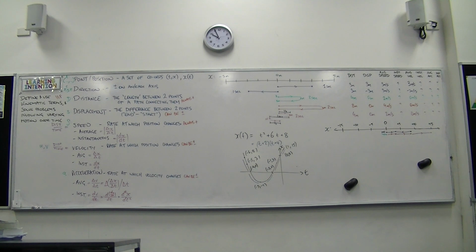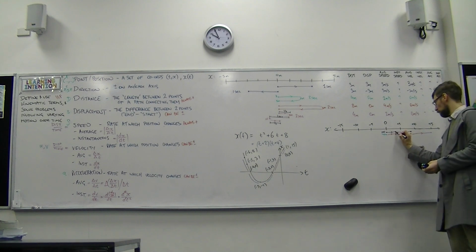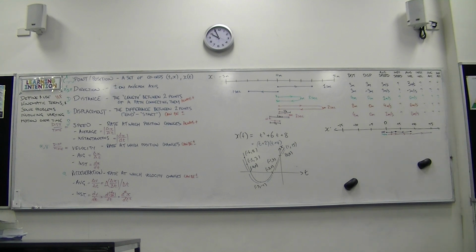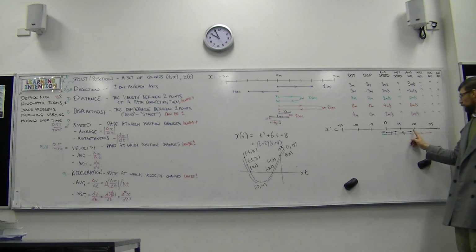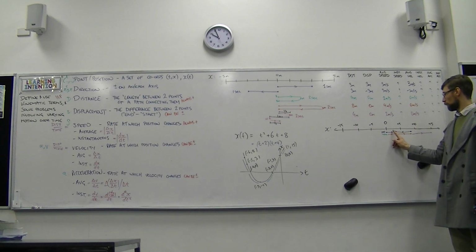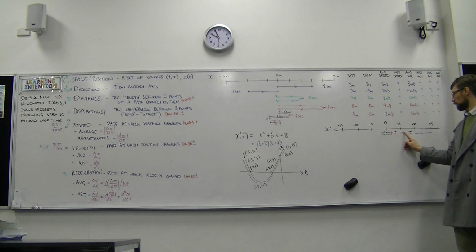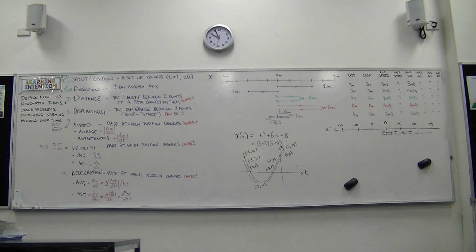Each of these intervals, keep in mind that this is one interval, that's another interval. How long is each interval in terms of time? One second. Wait, how do you know that's the speed?